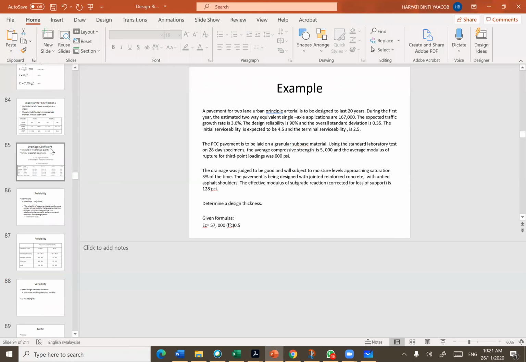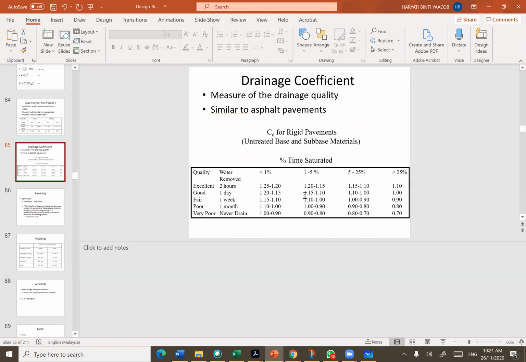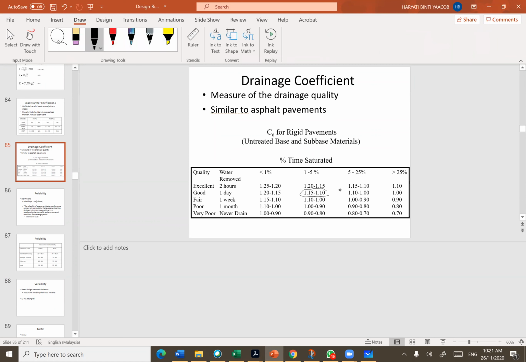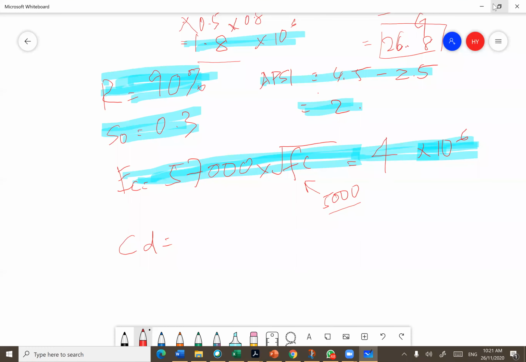So look back at the table for good drainage and 3%. Somewhere in the middle of 1.15 and 1.1, roughly in the middle. With interpolation we get 1.13. So we take CD as 1.13.